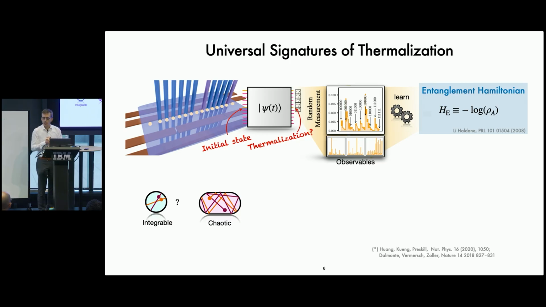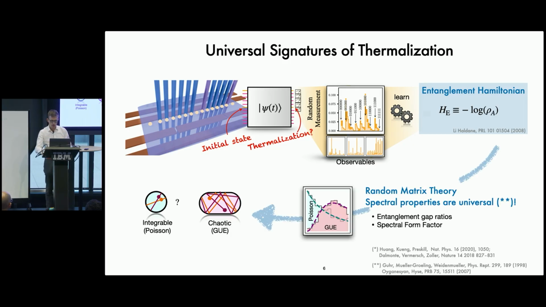We wanted to find out if we evolve a system in time, can we learn from its entanglement structure whether it's an integrable model or whether it behaves chaotically and therefore will thermalize. The vehicle to do so was random matrix theory thrown at the spectrum of these entanglement Hamiltonians, which we measured in an experiment. So that's the basic idea.